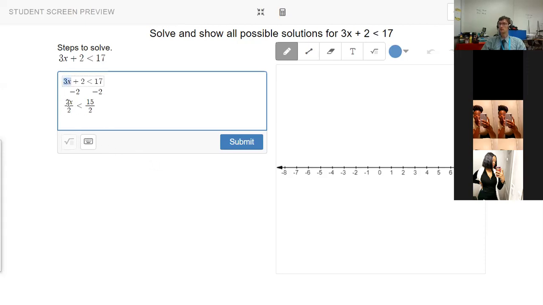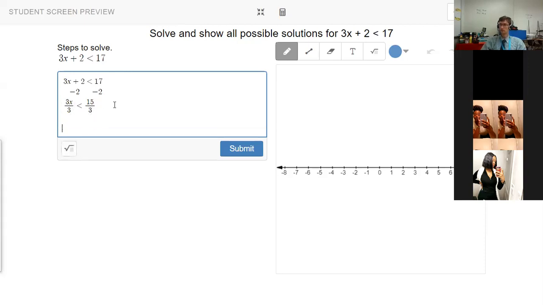So what do I need to do instead of 2? Change it to 3. All right, so change these to 3s. And what's 15 divided by 3? 5. So now I have x less than 5.